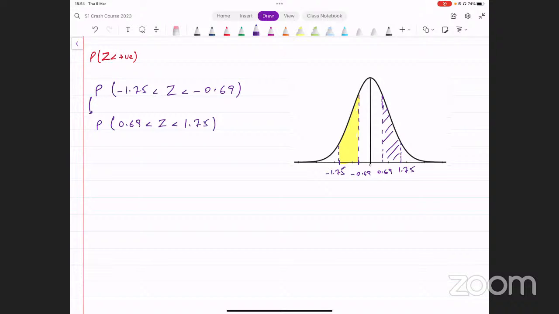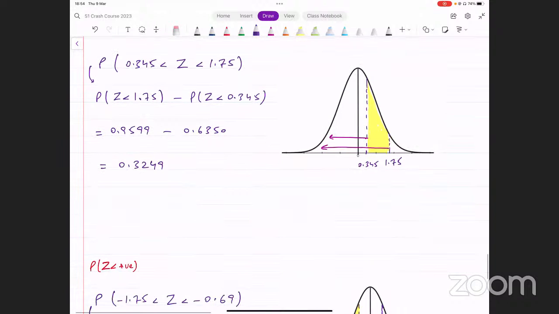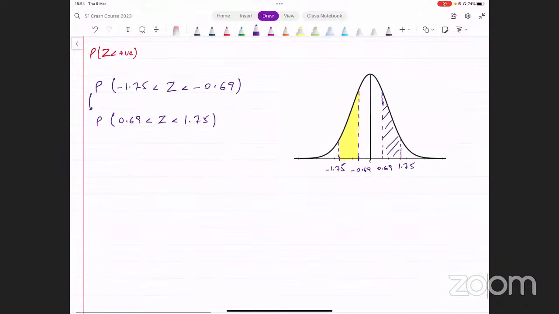All right. And now it's exactly the same form that we did in the previous example. You have both positive numbers and you're looking for the area between them. What you can do is find the area to the left of 1.75 and subtract from that the area to the left of 0.69, and that would give you the area in the middle here.